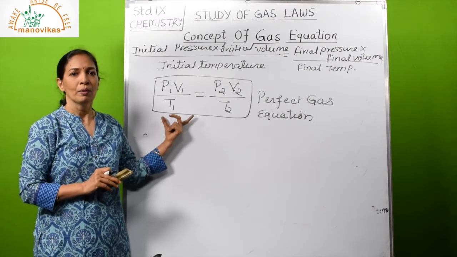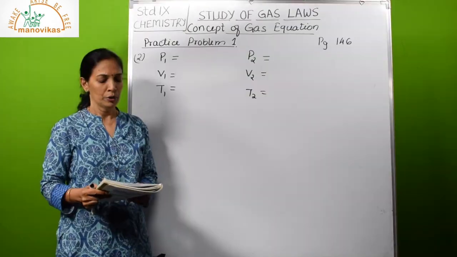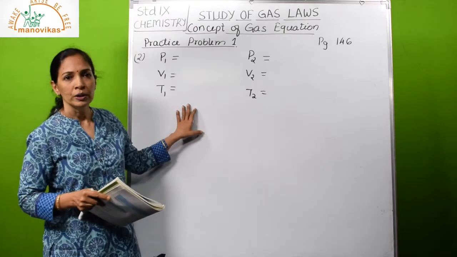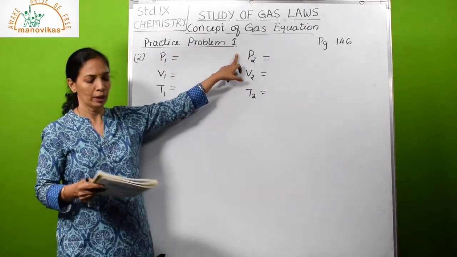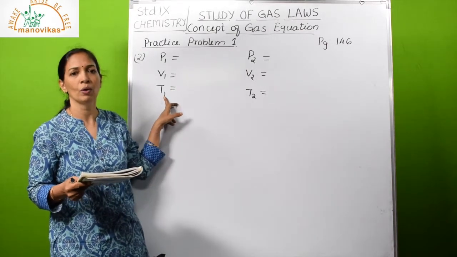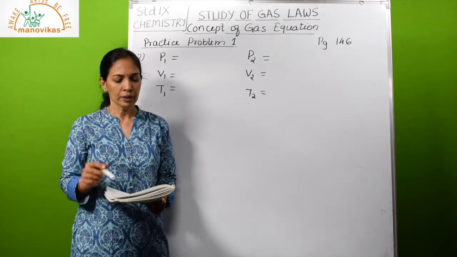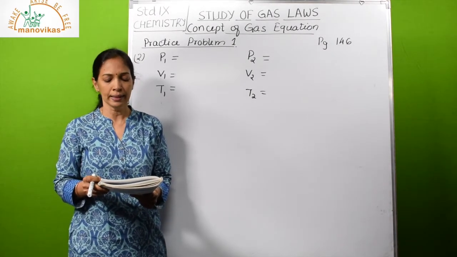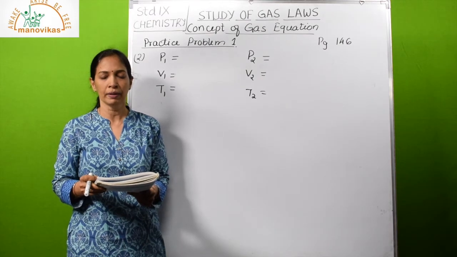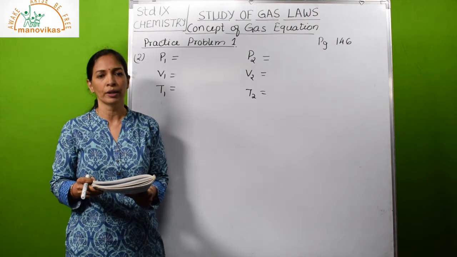So let us see what are the numericals you have to solve. Now numerical, in your book, page number 146, practice problem 1. There are 2 sums. I am solving the second one. You all solve the first one. The second sum is, a fixed volume of gas occupies 760 centimeter cube at 27 degrees Celsius and 70 centimeter of mercury.